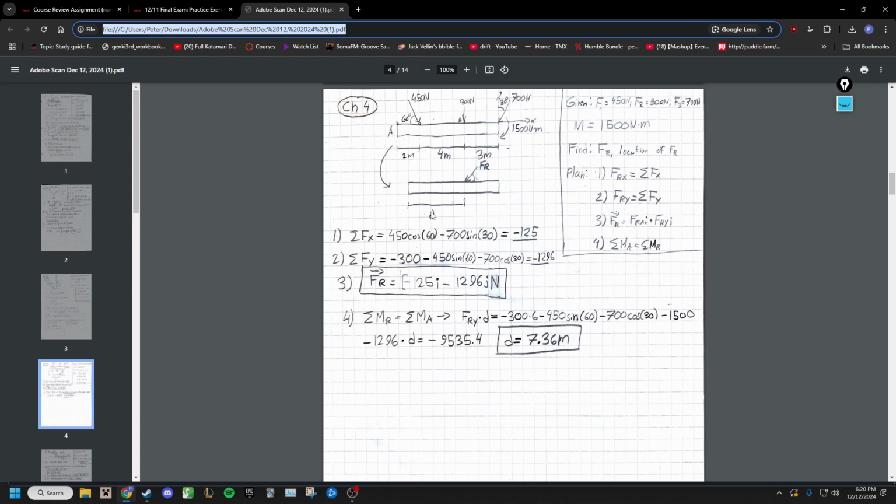Everything is with the y components, as there's no dy here, because everything acts in the same plane. They all act at the same y values, so there's no dy. So we use the y component times the x distance from point A, and by going through this, we find that d equals 7.36 meters.